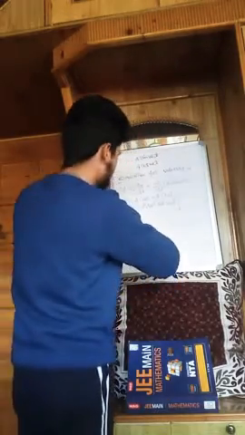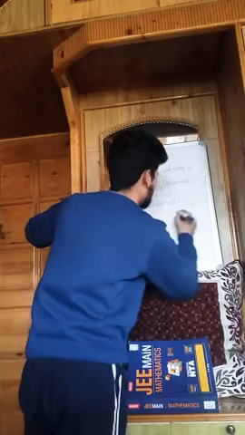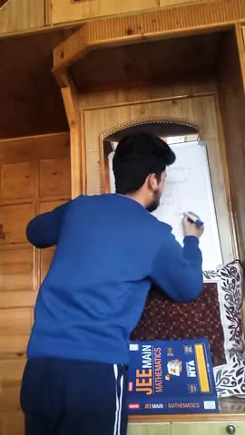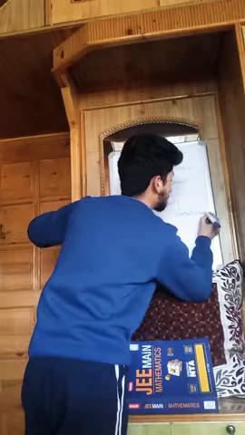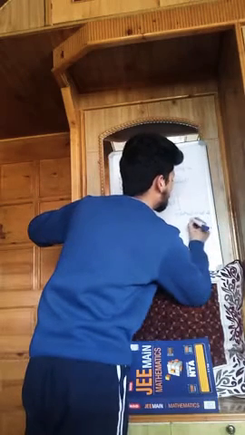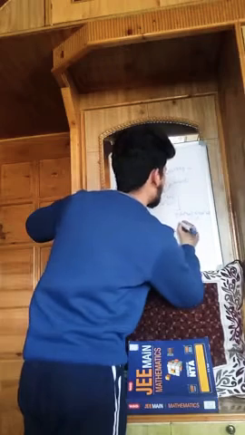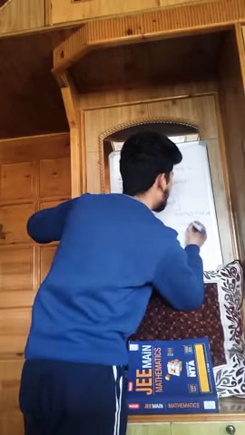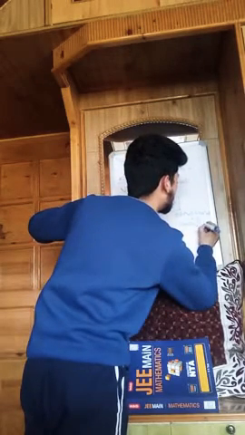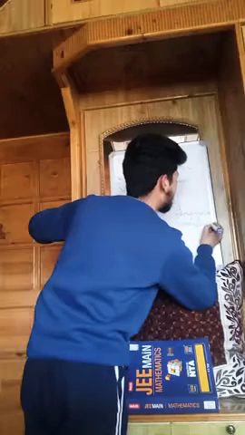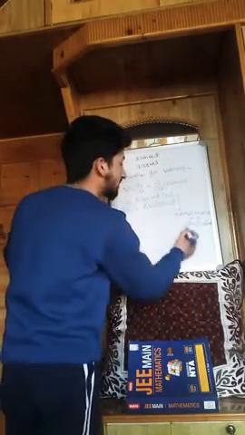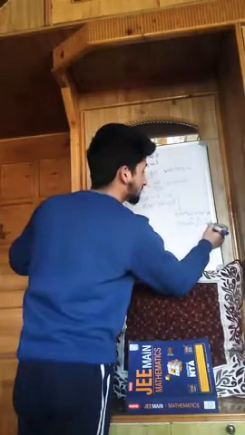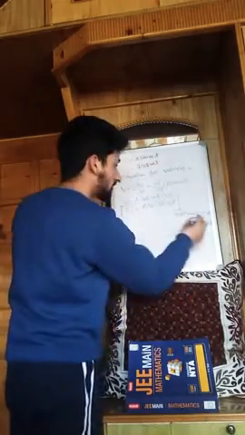As we know, sine square of omega t plus cos square of omega t is equal to 1. So cos of omega t will be equal to under root of 1 minus sine square of omega t. So we can replace this cos omega t by under root of 1 minus sine square of omega t.